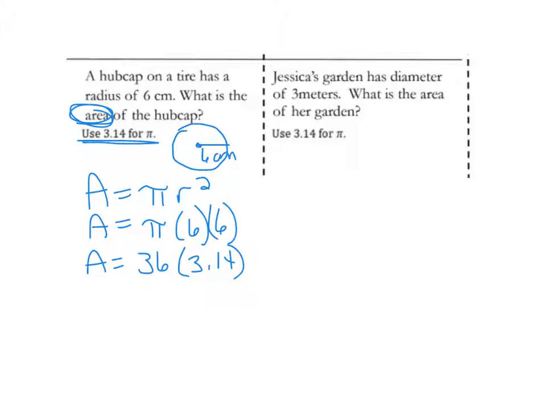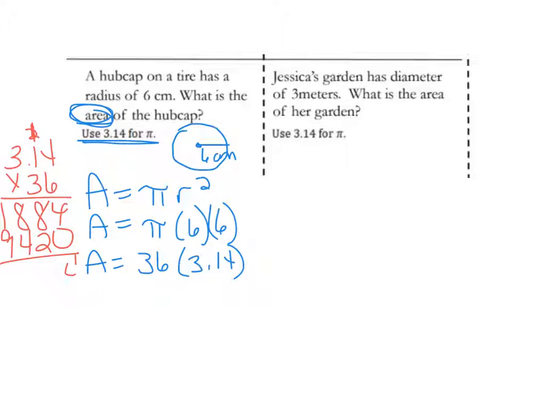So now I'm going to go ahead and multiply that. So 3.14 times 36, 6 times 4, 6 times 1 plus 2, 6 times 3, add a 0, 3 times 4, 3 times 1 plus 1, 3 times 3, and then you add.